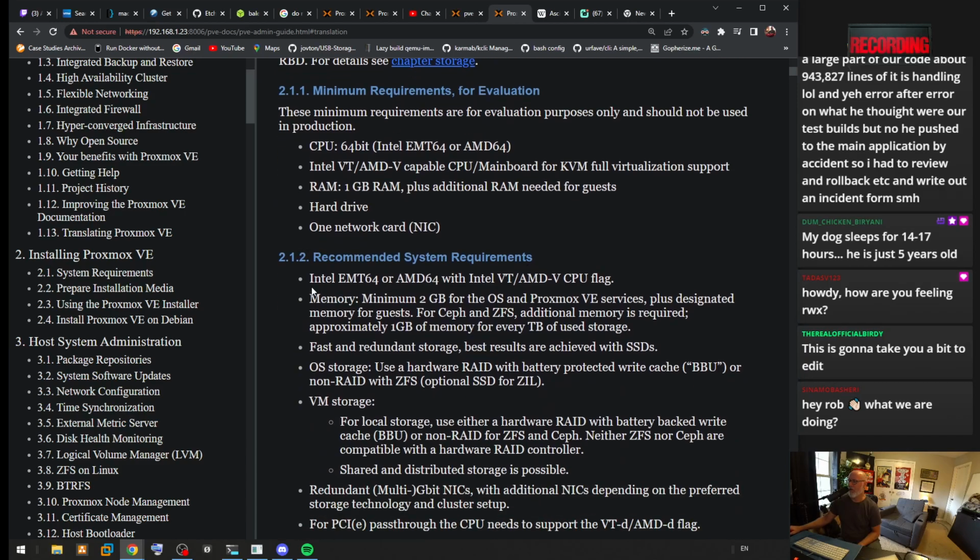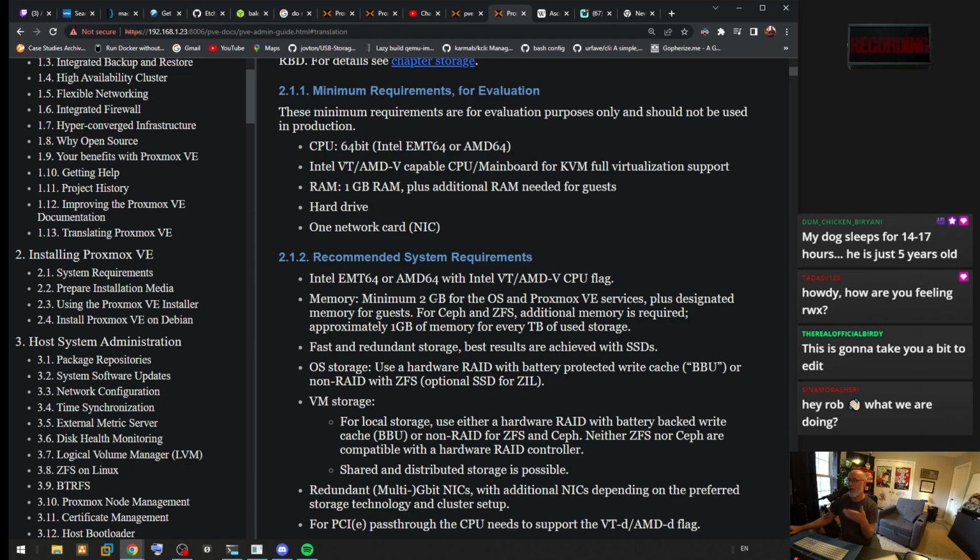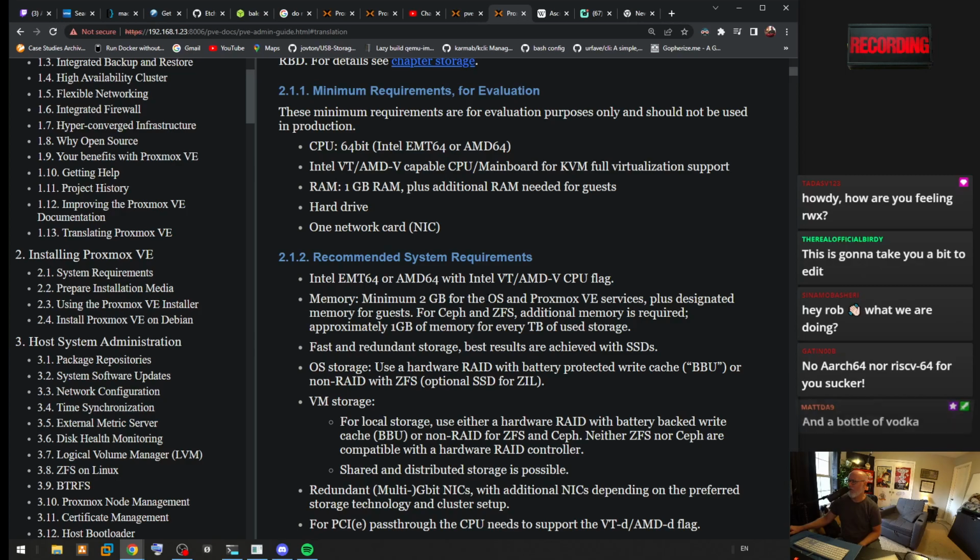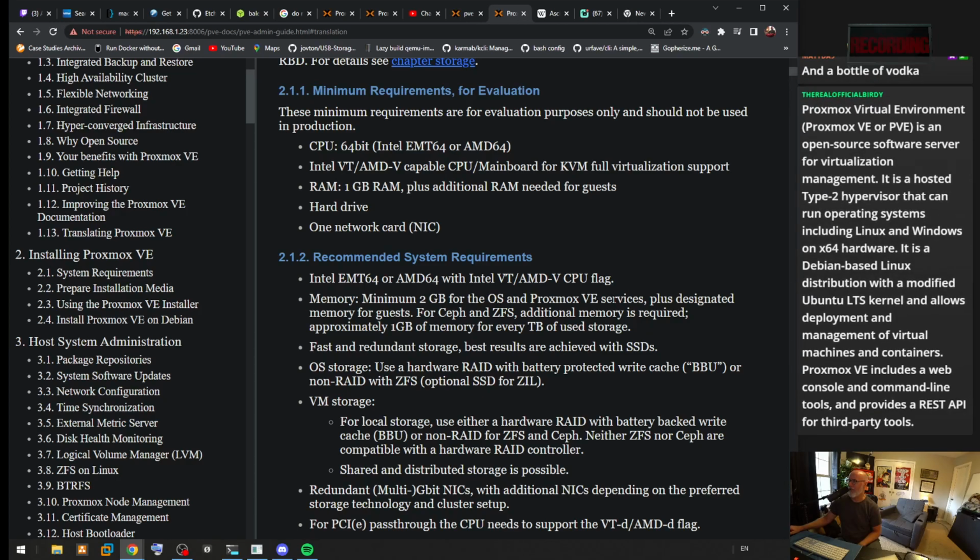Recommended system requirements: Intel EM64T or AMD64 with Intel VT. We already talked about that. Memory, minimum 2 GB, but that was the minimum for evaluation. What's the recommended one? Recommended is 2 GB for the OS and Proxmox VE services, plus designated memory for guests.